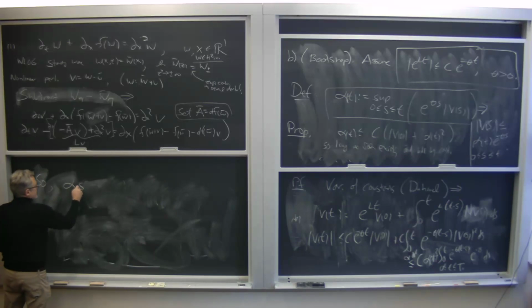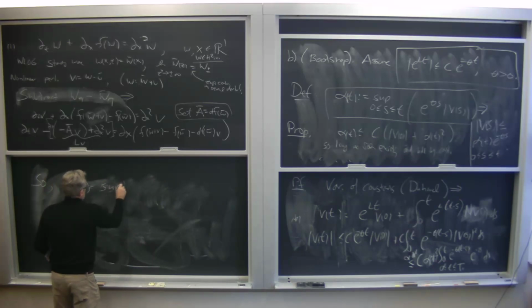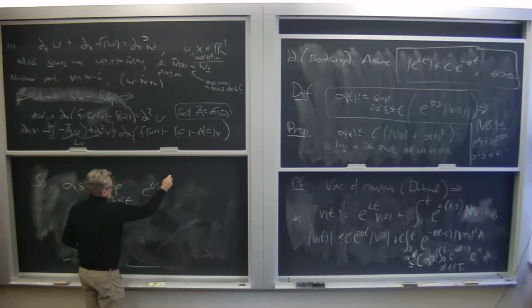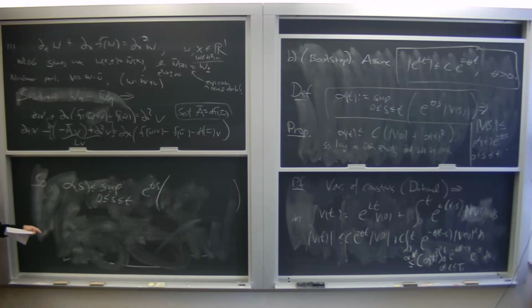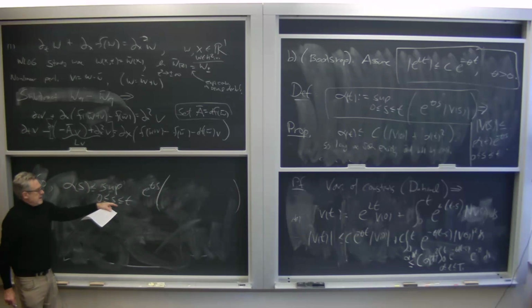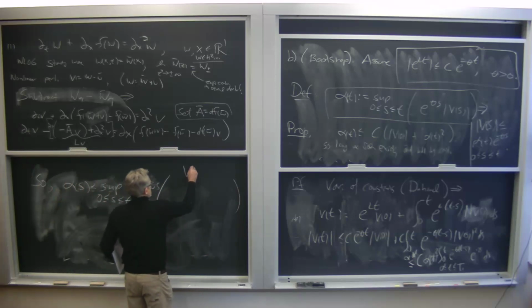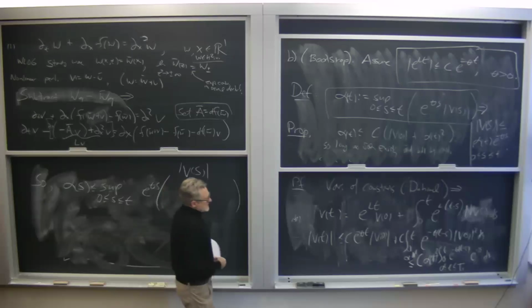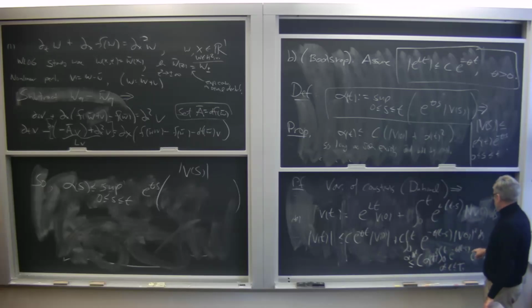Okay, so alpha of S is going to be the sup, well, the max, over 0 less than or equal to S less than or equal to T of e to the theta S times V of S. But now I'm exchanging the roles of little t and capital T. So I'll use this bound for little t equals S and big T equals little t.